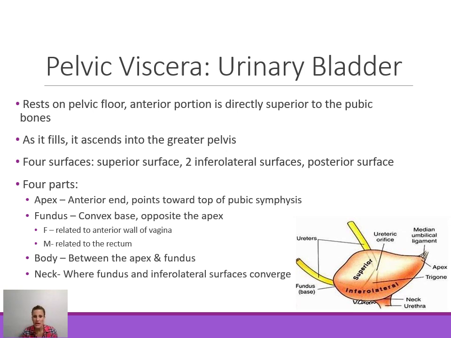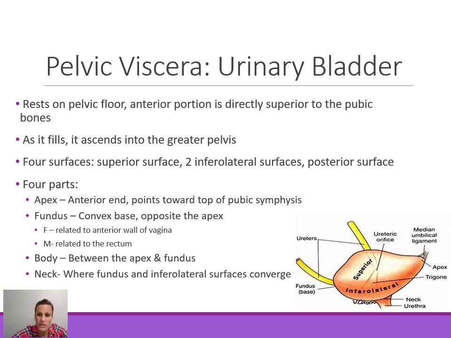While the urinary bladder rests on the pelvic floor, as it fills with urine, it expands and the top rises up into the greater pelvis, which is technically the abdominal cavity. So while it sits in the pelvic cavity, as it fills, it rises up from the true pelvis into the greater pelvis, or from the pelvic cavity up into the abdominal cavity.